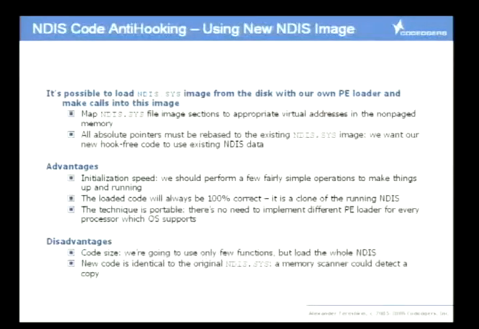To do this, we load this image from the disk with the PE loader like in the previous solution, but we fix all absolute pointers of this image to the existing NDIS.sys image, because we want our new hook-free code to use existing NDIS data. We're just cloning the code, but we leave data pointers in original state.